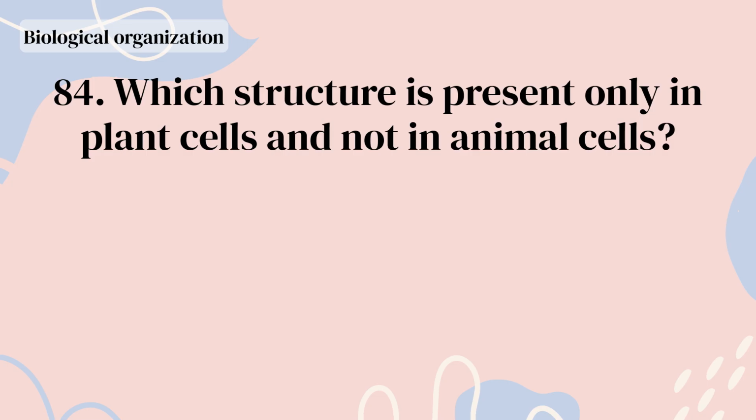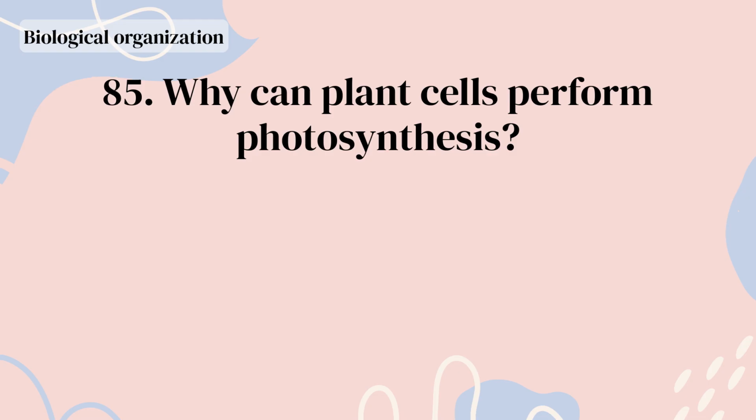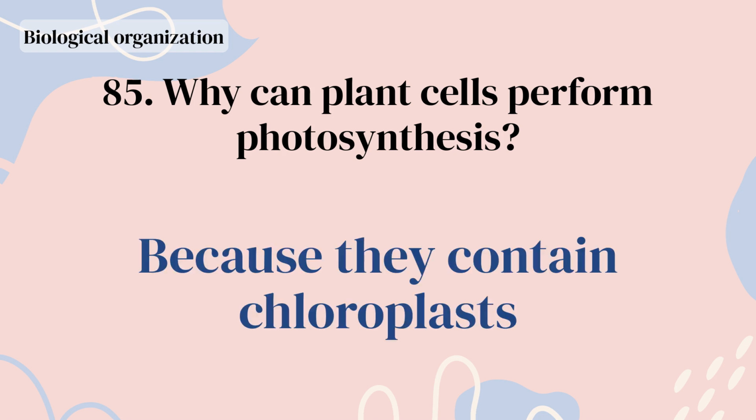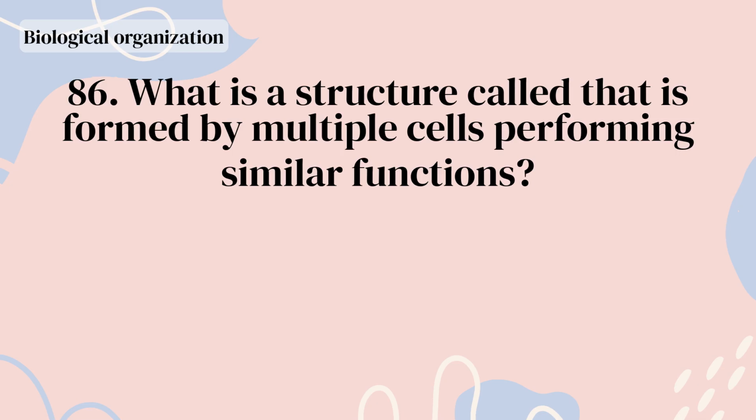Which structure is present only in plant cells and not in animal cells? Cell wall. Why can plant cells perform photosynthesis? Because they contain chloroplasts. What is a structure called that is formed by multiple cells performing similar functions?